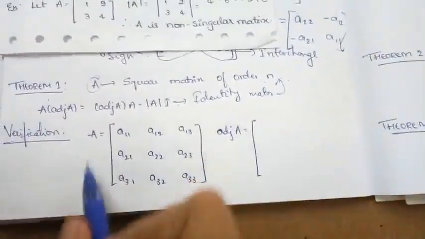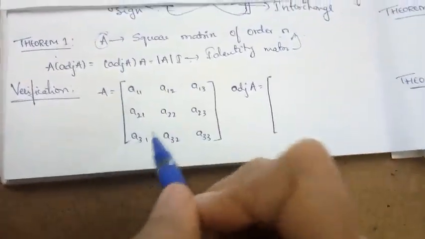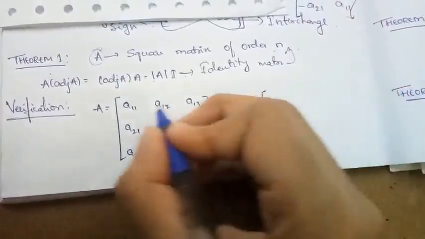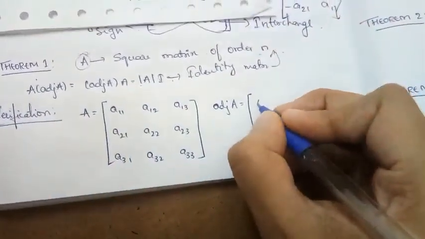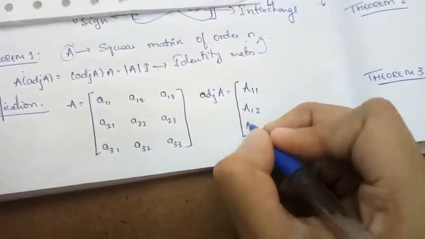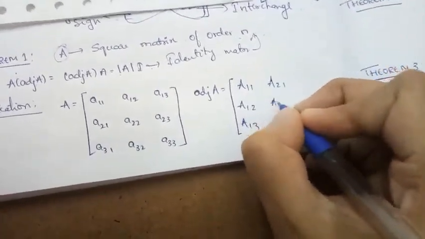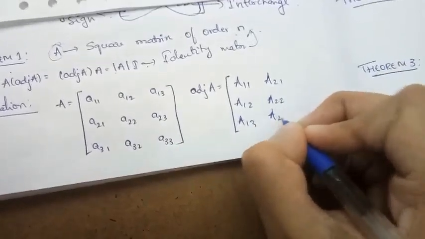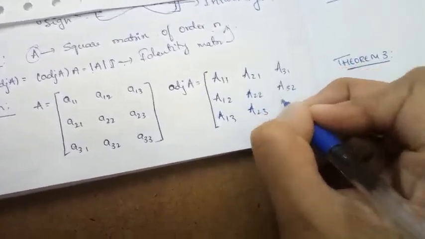Okay, so if I go to verify this theorem, this is our matrix A. Then how will our adjoint be? As I said, finding the cofactors of this and taking the transpose of those cofactors. That is nothing but A11, A12, A13, and next A21, A22, A23, and here A31, A32 and A33.